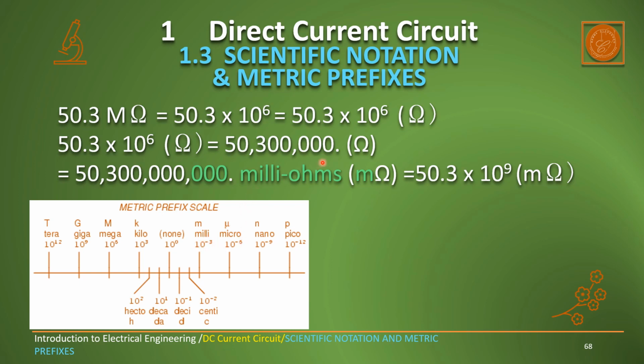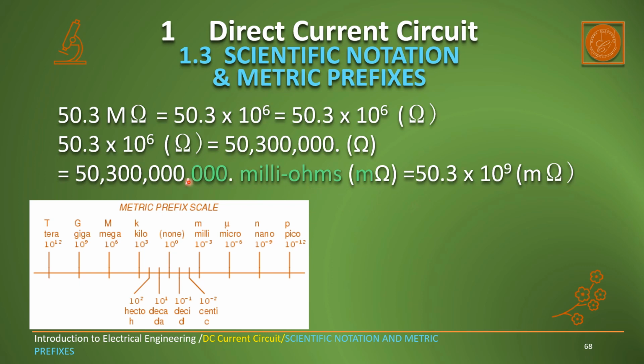So we should move the decimal point from this point to the right side 3 places: 1, 2, 3. So this point should be here. And the unit should change to milliohms. This unit is ohms, and for milliohms we move the decimal from this point to this point.